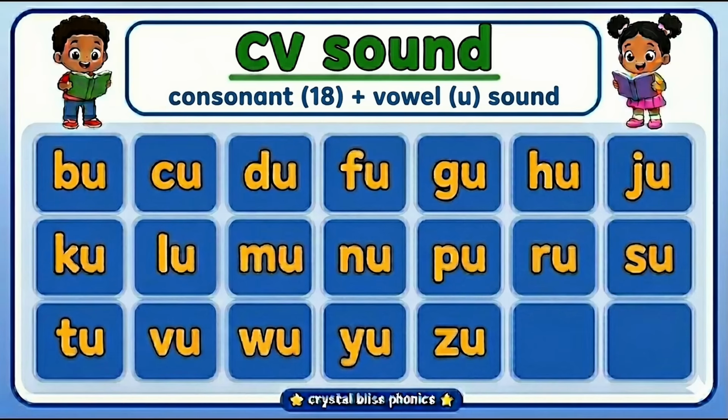So here we have b, u, bu, k, u, ku, d, u, du, f, u, fu, g, u, gu, h, u, hu, j, u, ju, k, u, ku, l, u, lu, mu, nu, p, u, pu, ru, s, u, su, t, u, tu, v, u, vu, w, u, wu, y, u, yu, z, u, zu.